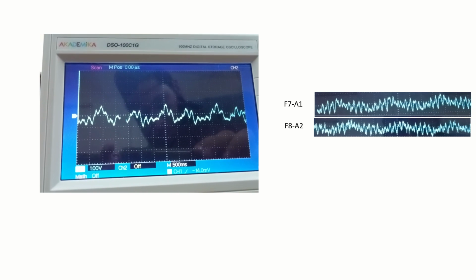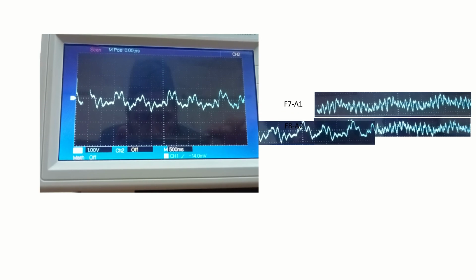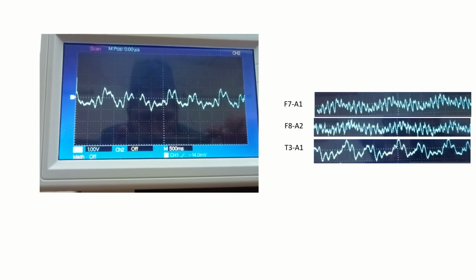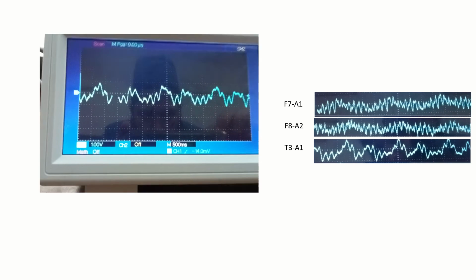Now we are plotting the third one, which corresponds to the T3A1 potentials. Likewise, we will be obtaining T4A2.